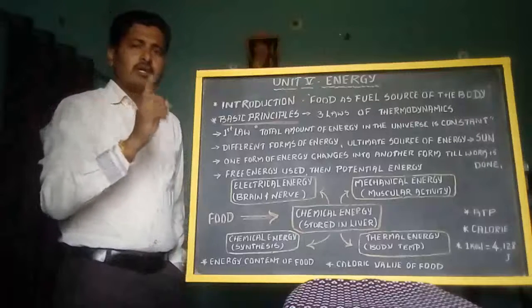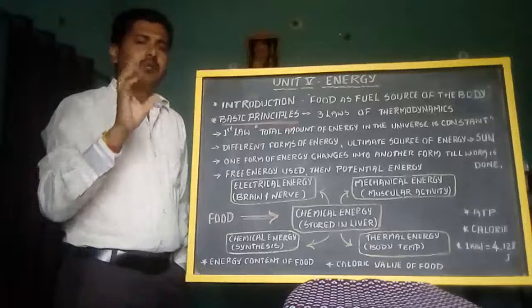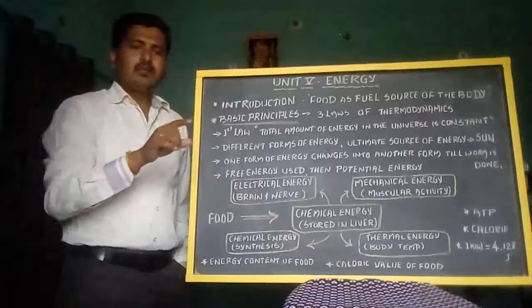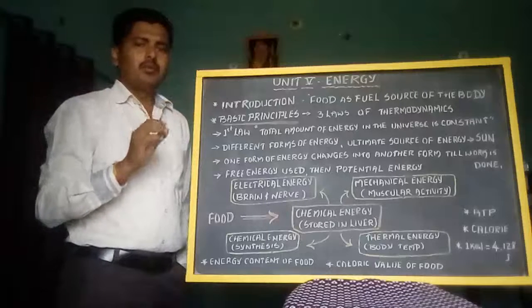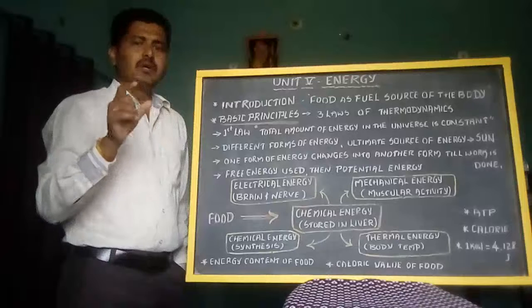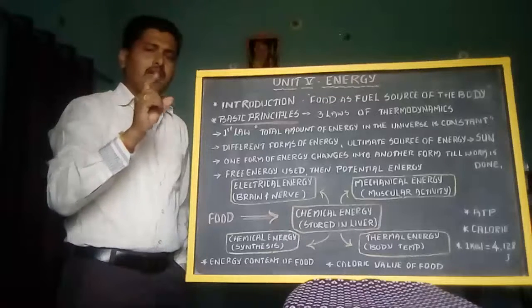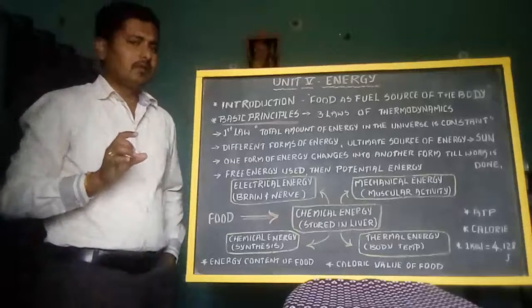Same like 1 gram of protein, after total combustion, it will provide 4 kilocalorie of energy. And 1 gram of fat, after combustion, will provide 9 kilocalorie of energy.